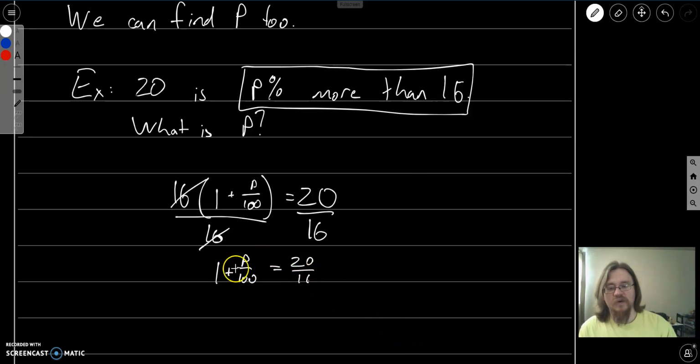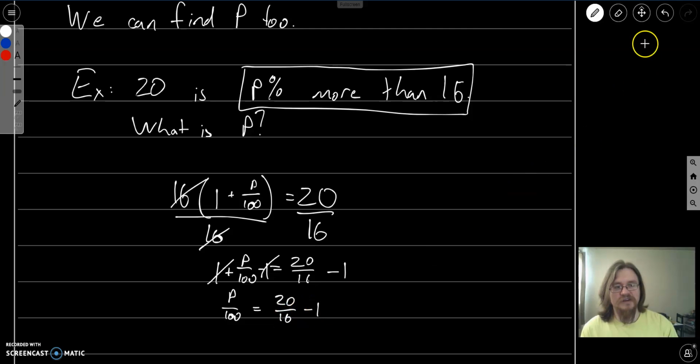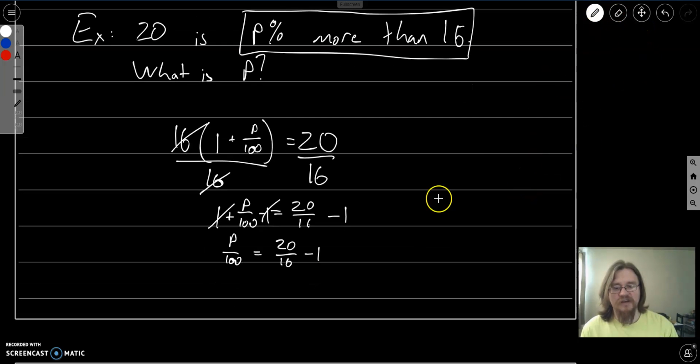Again, what I can do now is I want this p by itself, but I'm adding 1 to this thing, and I don't want that there. So I'm going to have to subtract 1 from both sides. So I'll subtract 1, subtract 1. If I add 1 and subtract 1, they go away. So p divided by 100 is going to be equal to 20/16 minus 1. Let's keep going. We're nearly there. I'm dividing by 100. I don't want to divide by 100.